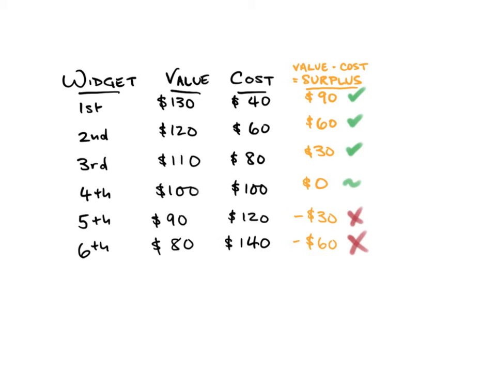Now, producing a fifth widget, it would go to someone who values that widget at $90, and it would cost $120 to produce. These costs keep going up because first the most efficient factories or producers make widgets, and then less and less efficient.